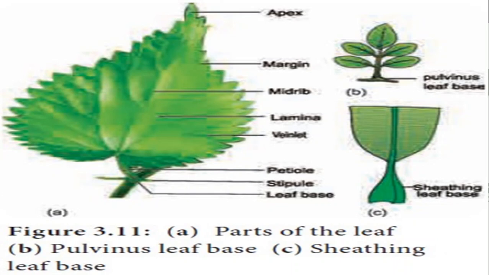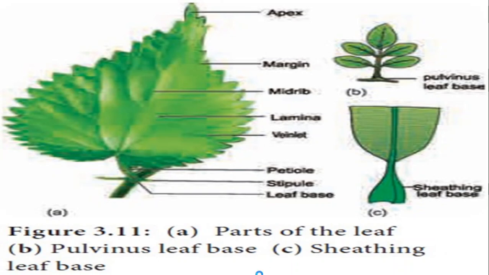Remember, this is also very important. The dicot leaf has a pulvinous leaf base, but in the case of monocots, you can see this is the leaf of banana. Here the leaf base is a sheathing leaf base which covers the stem up to a certain distance, because these leaves are present vertically on the stem, but in dicots the leaves are present horizontally on the stem.